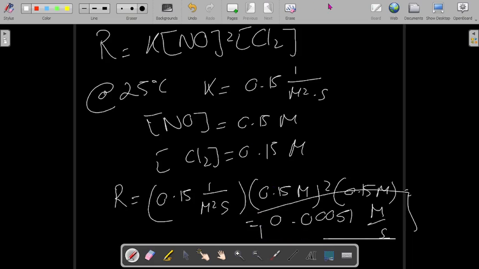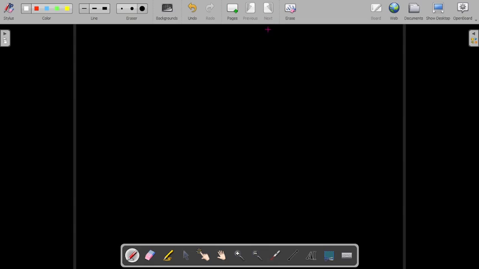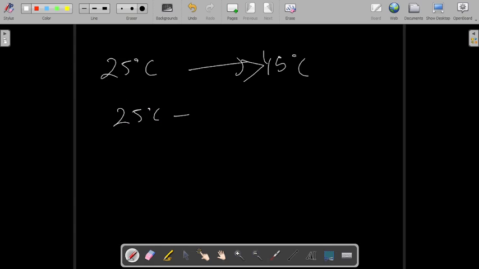The second section here says, now the temperature has increased. We're going from 25 degrees Celsius to 45 degrees Celsius. Remember that when there is an increase in temperature, we are using a rule of thumb that says that every 10 degrees, so 25 to 35, and then to 45, every time the rate gets multiplied by 2.